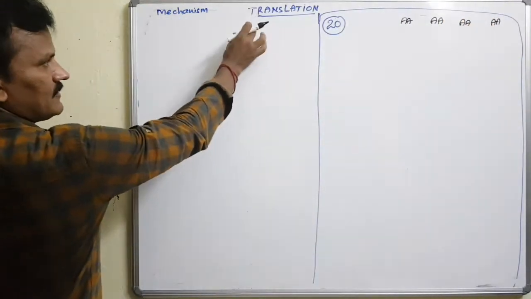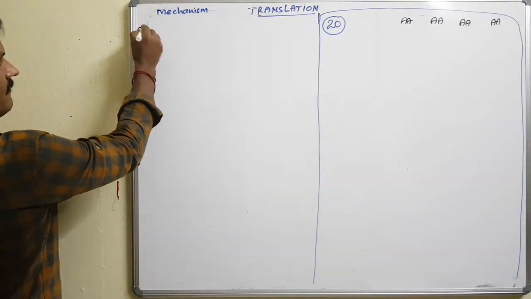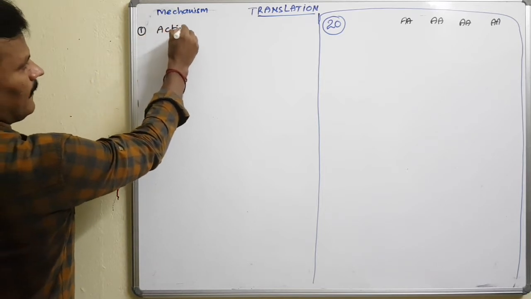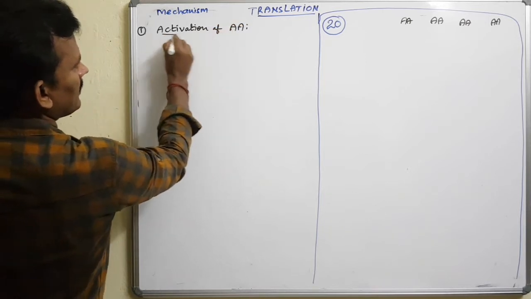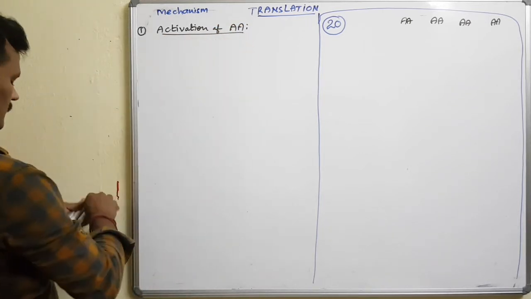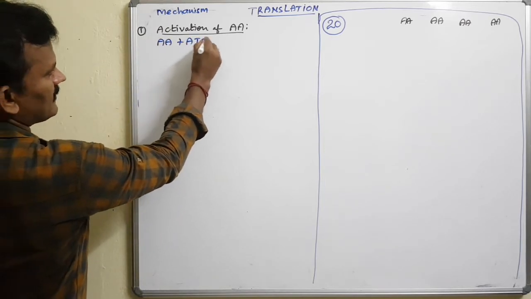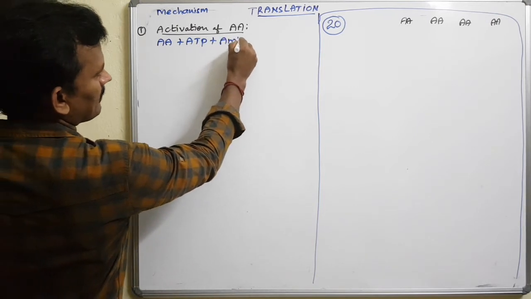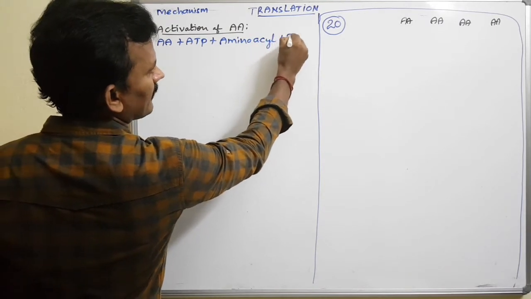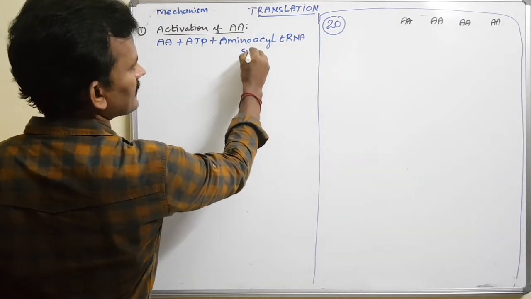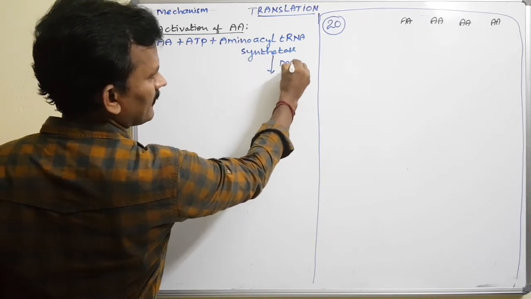In the first step, before initiation, the prerequisite of translation is the activation of amino acids. It requires ATP energy. So amino acid, ATP and the enzyme aminoacyl tRNA synthetase are needed, along with magnesium, a bivalent ion.